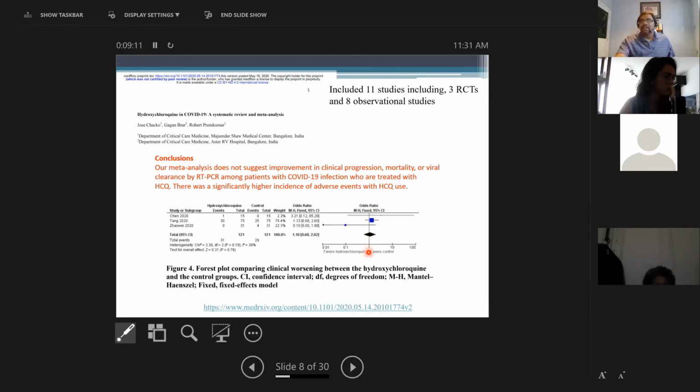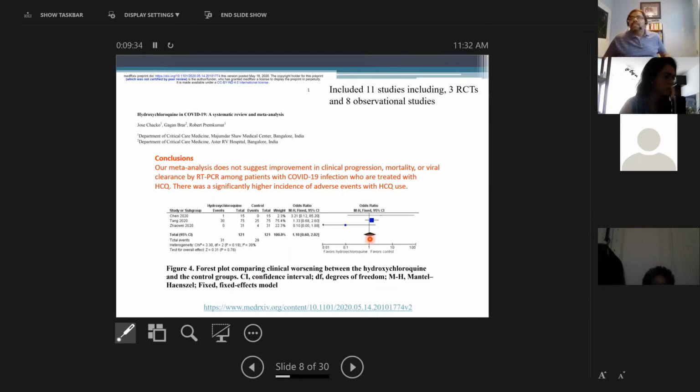And you can see here the odds ratio estimate is practically 1, right? 1.1, which means there is really no indication in these 3 trials that hydroxychloroquine is helpful, right? It's the null result that you're seeing in this particular study.